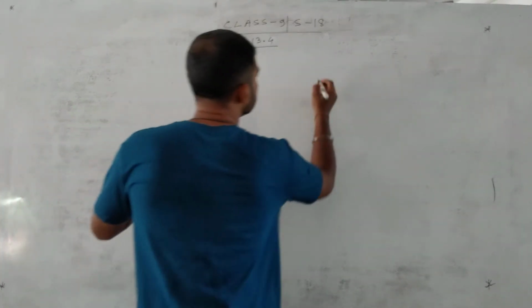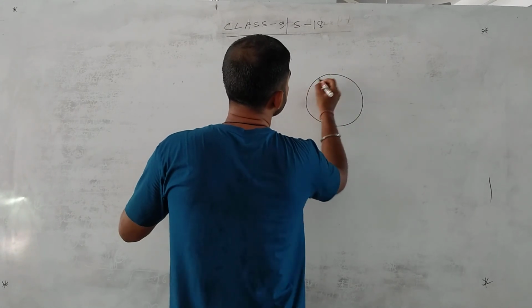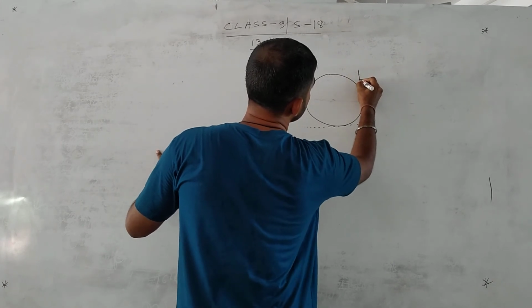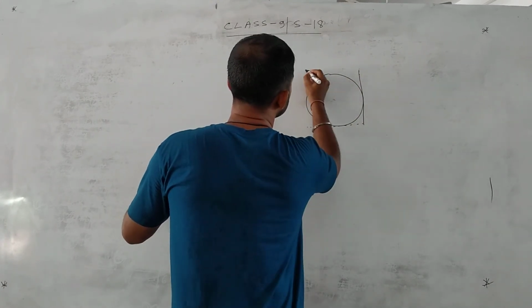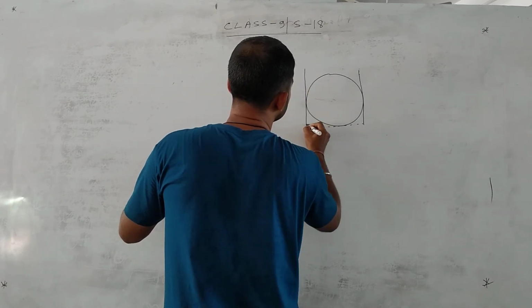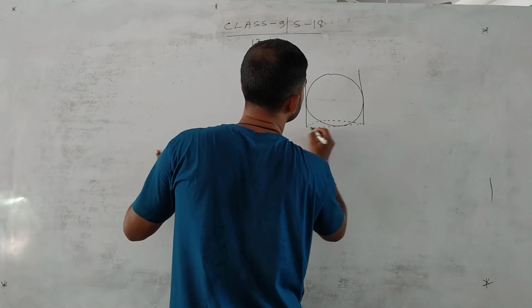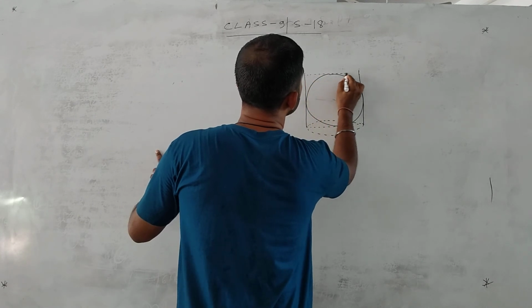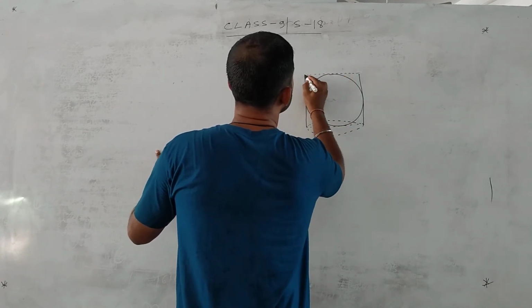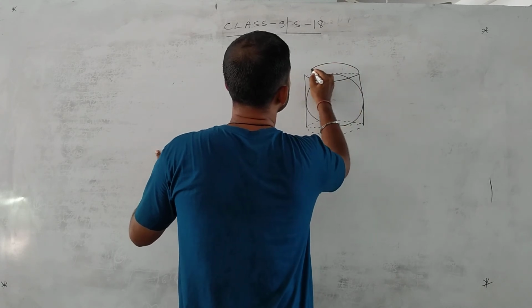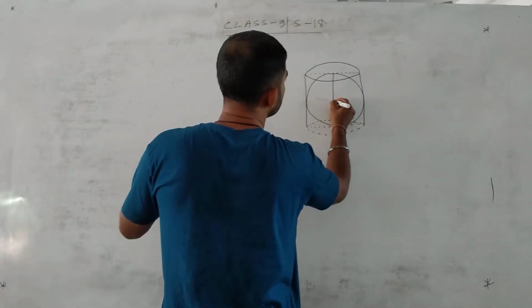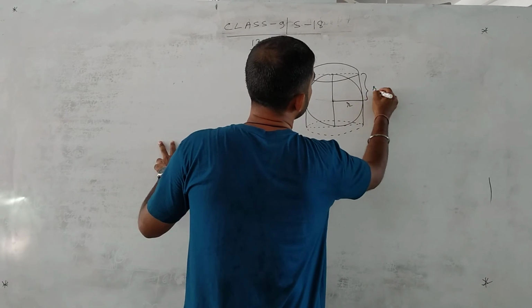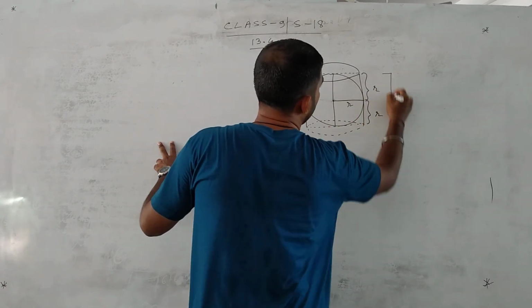Next question, diagram again. Now this one R, this one R, this one R, and this is the height of the cylinder.